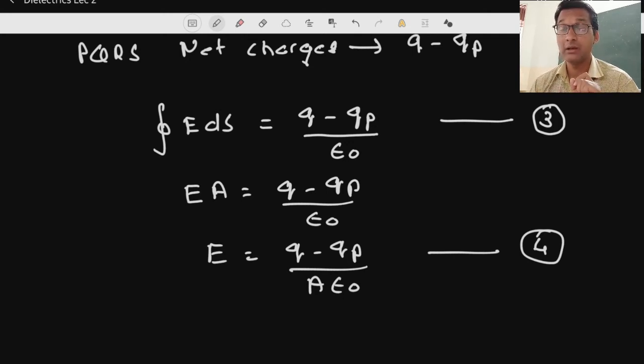Practically these polarization charges are difficult to find and measure, so we want a modification to the original equation, that is, the closed surface integral of E dS is equal to Q, where Q is the free charge, divided by epsilon naught. So we can easily calculate what happens when we introduce different dielectric mediums.